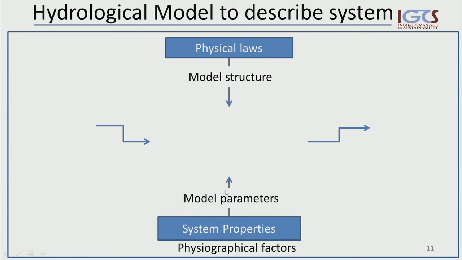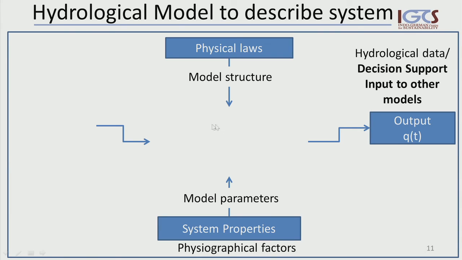We may have a few parameters, we may have very many parameters, if we are able to get those details. And all of this has to serve a purpose, and we want to generate output information over time. It could be hydrological data, it could be, more often and more importantly, a decision support, or it could be an input to other models.